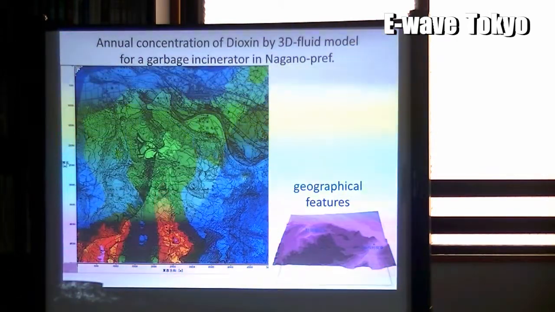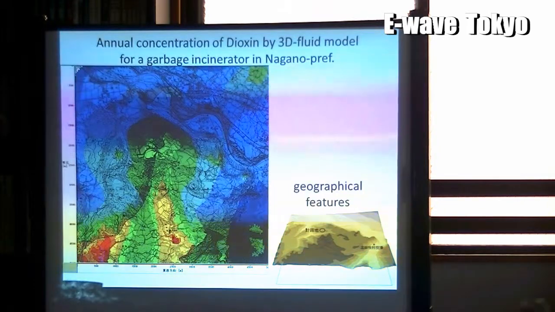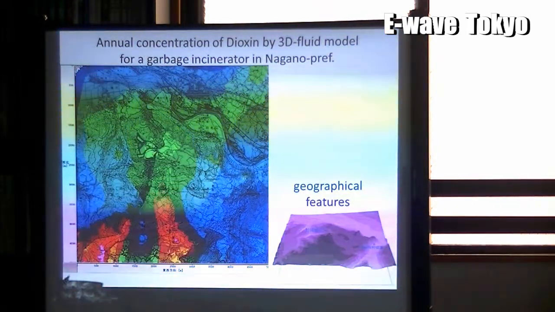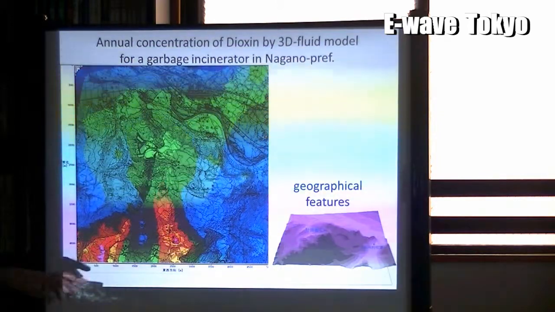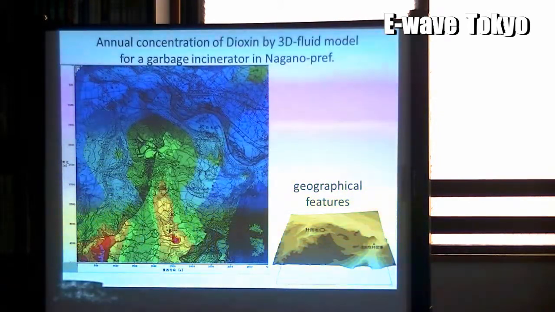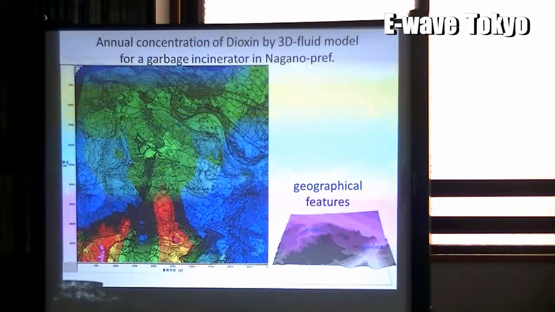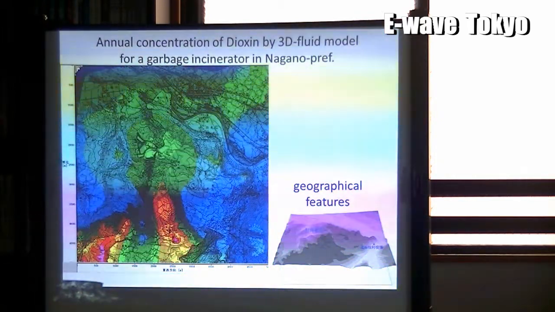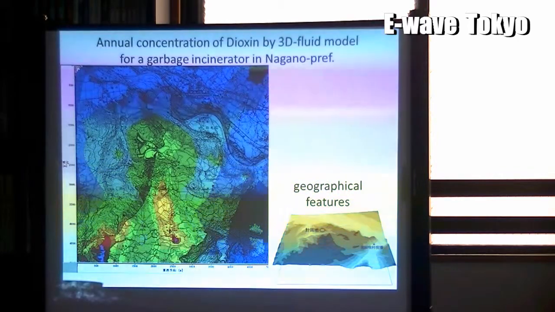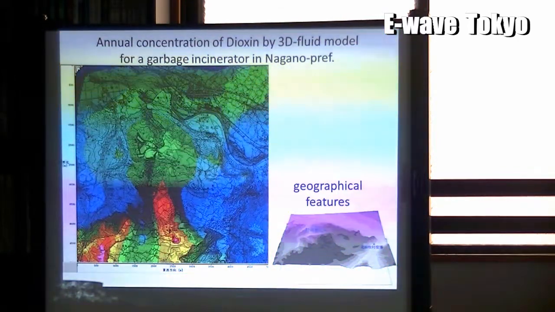It's not given out to the citizens. Limited people, in a very detailed, discounted form. And definitely the EIA doesn't include a 3D model or even a cube model. I have one question for you.